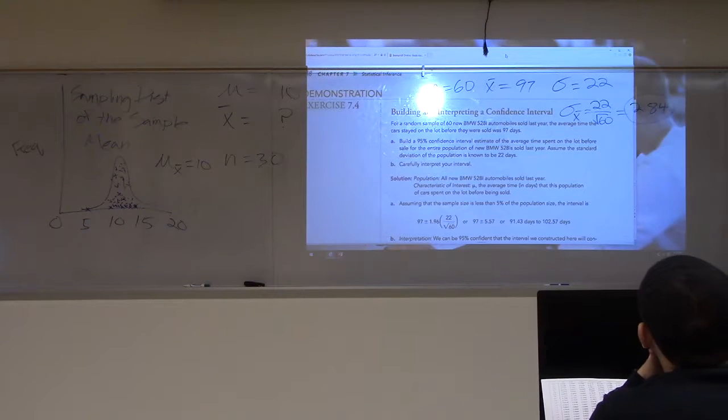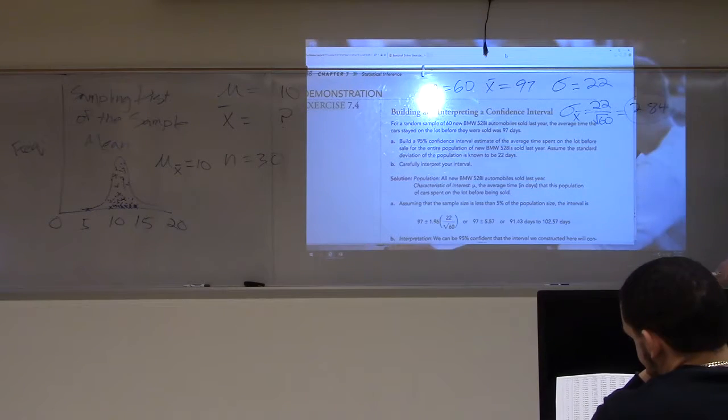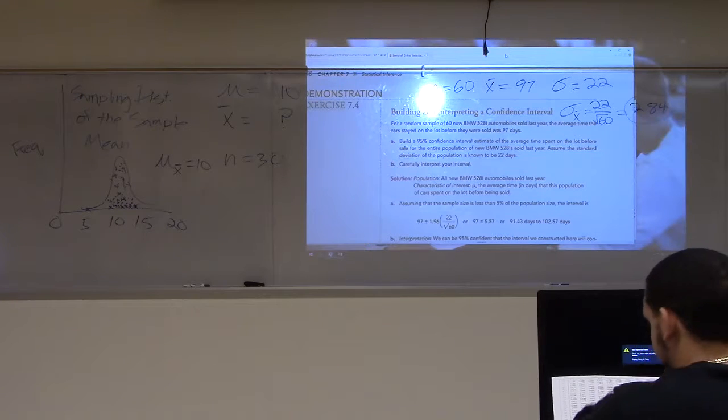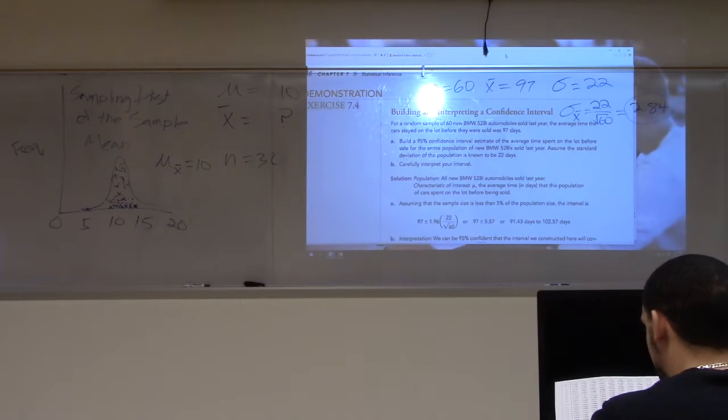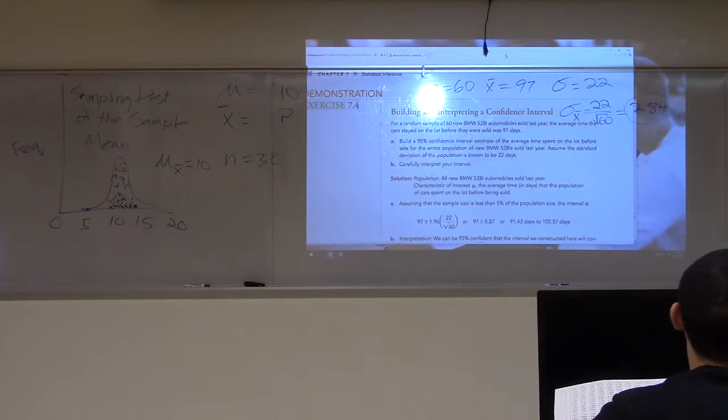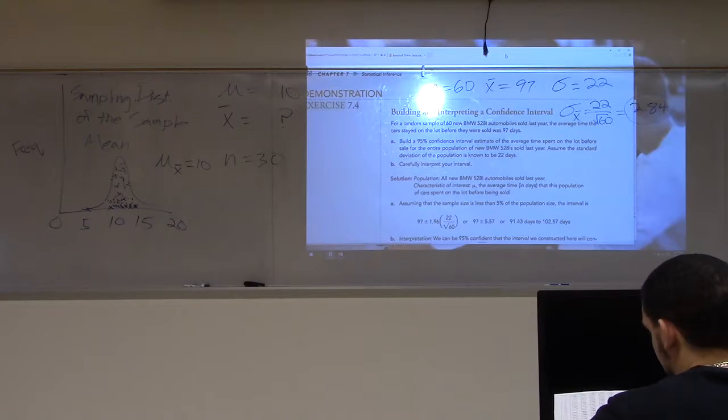If we're 95% confident, what are the chances of us making a mistake? 2.5 on either side. Exactly, 5% total, 2.5 on either side. So we need the z value that separates the upper 2.5% from the bottom 97.5%. And what do we know that z value to be? 1.96.